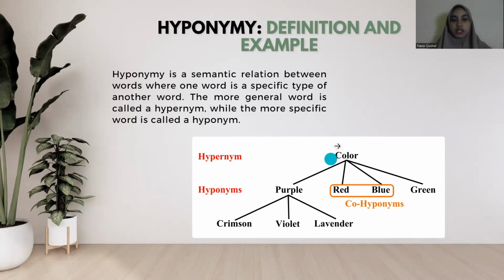Having a look at the diagram, the color is the hypernym, and purple, red, blue, green we call hyponyms. Purple could also be called a hypernym because there are other colors under purple, which are crimson, violet, and lavender.